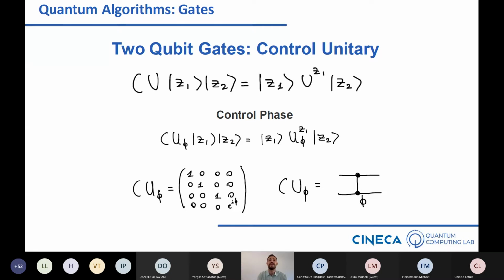So for example, we have the control phase that is exactly of this kind. So you apply the phase whenever zeta 1 is 1. And the matrix form is shown here. So again, it's the identity matrix in the upper left 2 by 2 corner, and then here you have the phase gate. Okay, you can split the matrix in this way, and this one here is the way you represent it.